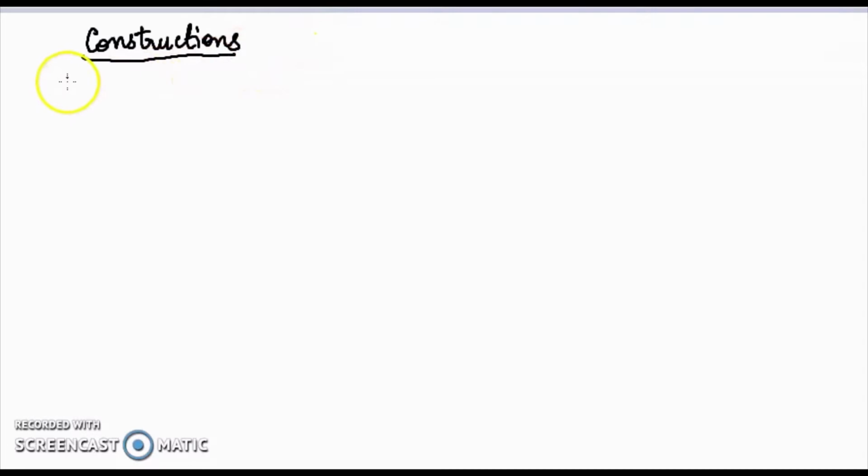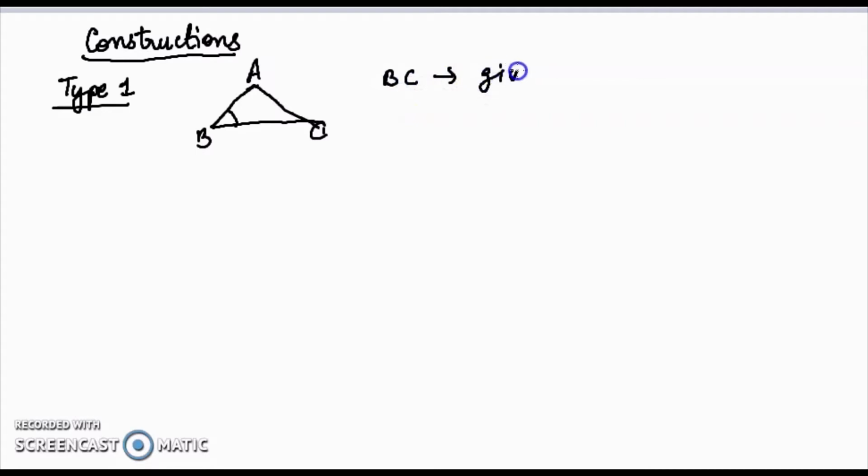Now, first type was, if this is my triangle ABC, type 1 is BC is given, angle B is given, and the sum of the other two sides.